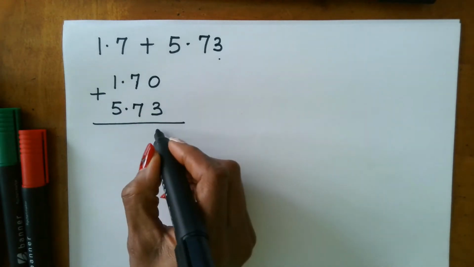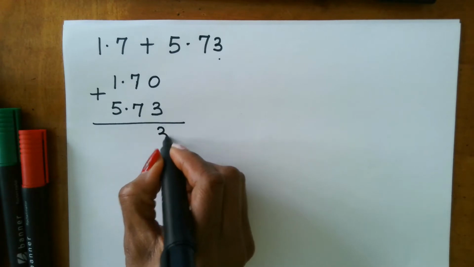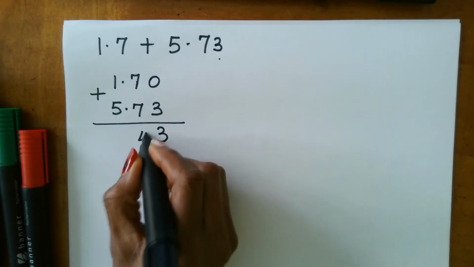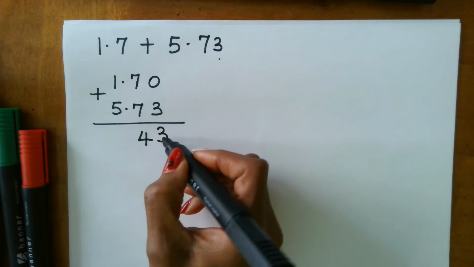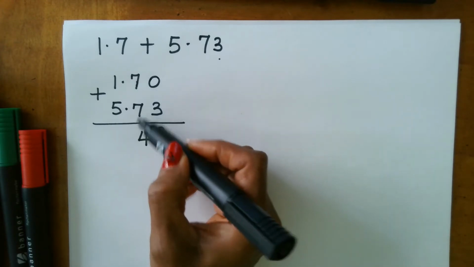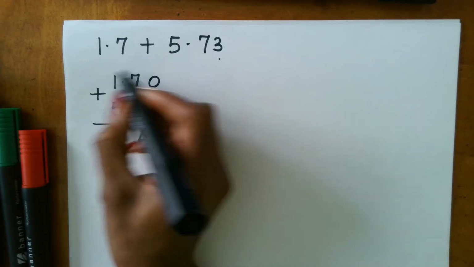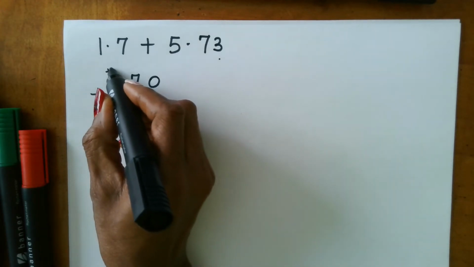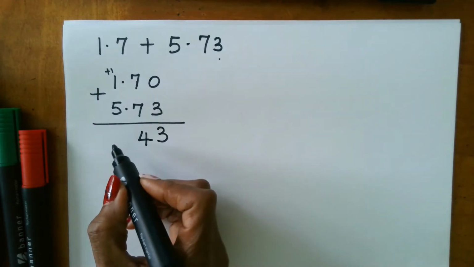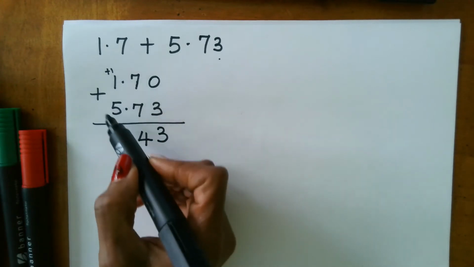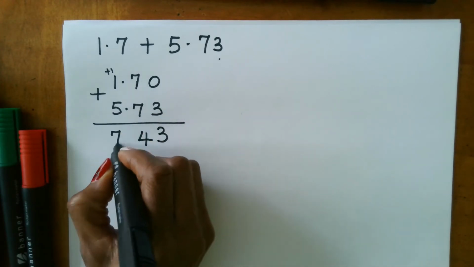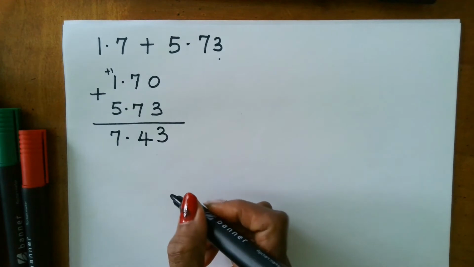So if I add these two numbers, I get 0 plus 3 is 3, 7 plus 7 is 14. I write down 4 and then carry the 1 over to the next column. So it becomes 1 plus 1 plus 5, which will give us 7.43.